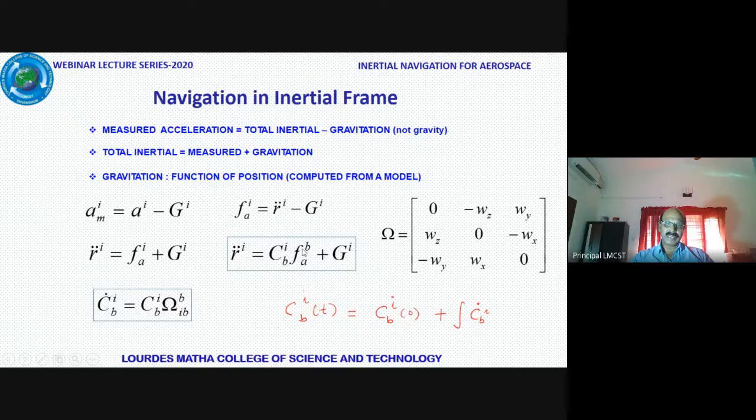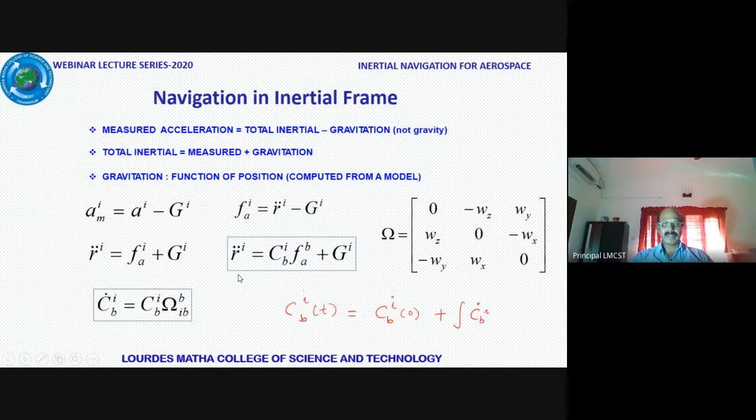Continuously varying measurement is continuously transformed into inertial using this, and then continuously your position is changing, and continuously you calculate your gravitation vector at each point, add them up vectorially, and then you get the total inertial acceleration, and then you integrate.